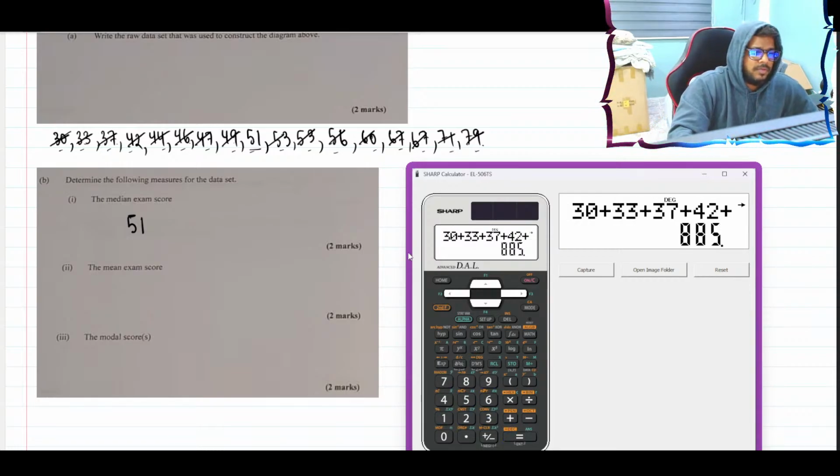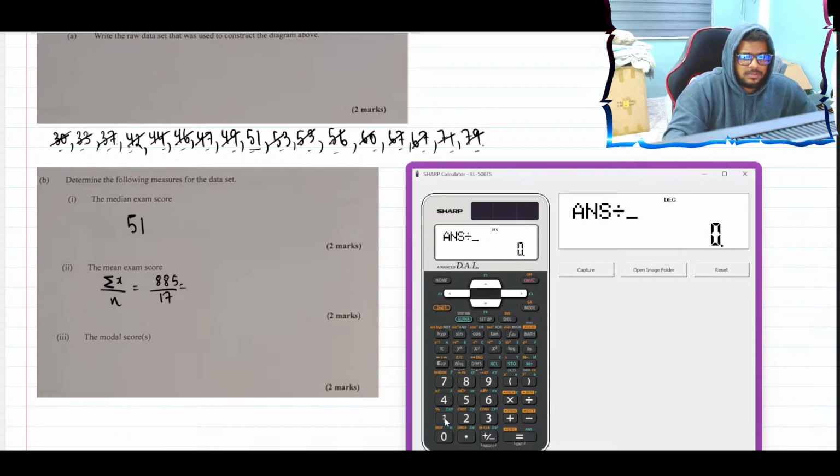You can write the formula: sigma x over n, 885 over 17, 52.06.